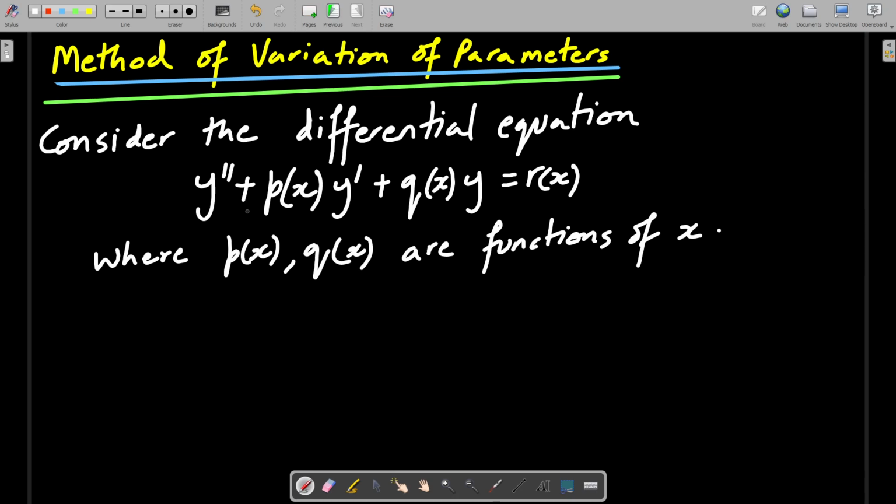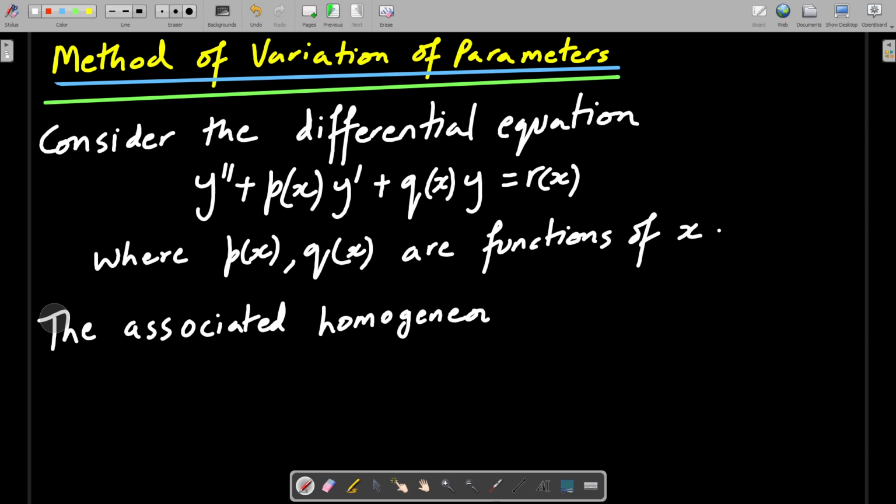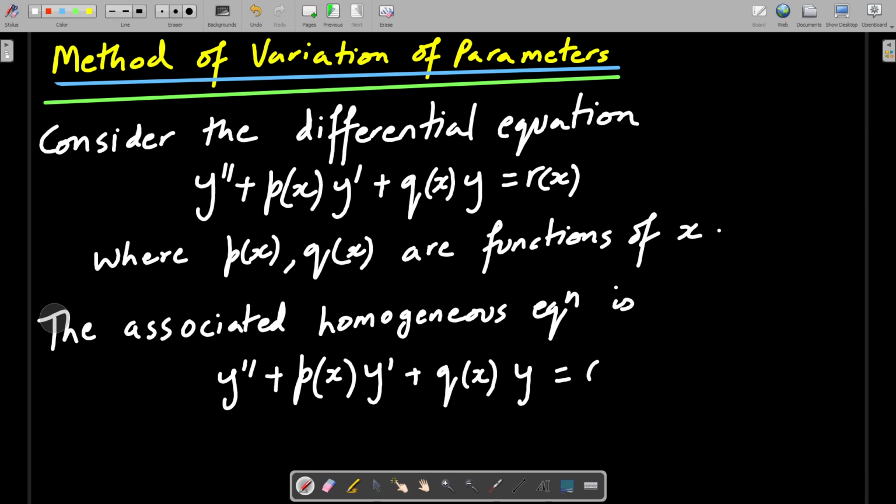This is the given equation. Consider the associated homogeneous equation, which will be y double prime plus p(x) y prime plus q(x) y is equal to 0.